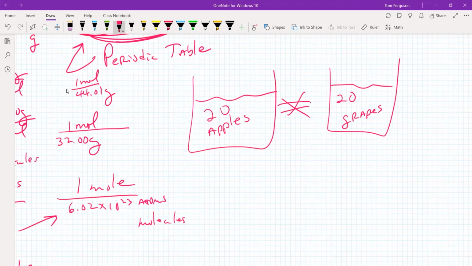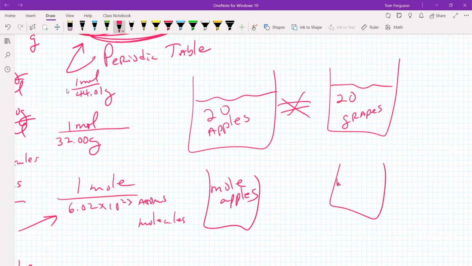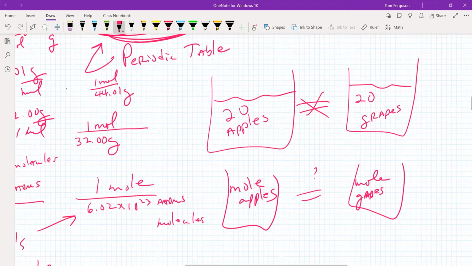What if we had a mole of apples and a mole of grapes? Would they be the same? No, exactly for the same reason. Apples are bigger than grapes. So a mole of apples is going to weigh a heck of a lot more than a mole of grapes, just like 20 apples are going to weigh more than 20 grapes.